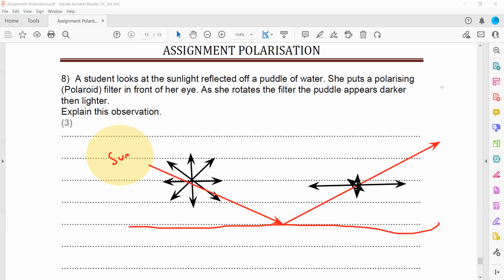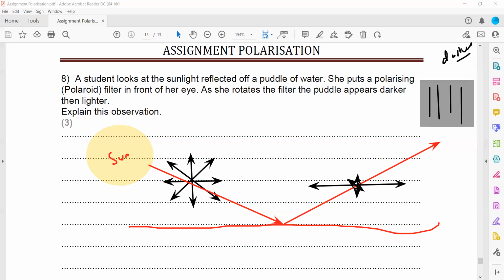Now, the student is using a polarizing filter. As she rotates the polarizing filter, she observes that it appears dark and then light, dark and light. What is the reason for that? Because when the plane of the polarizing filter is perpendicular to the polarized light, then there will be no light and it will appear dark.